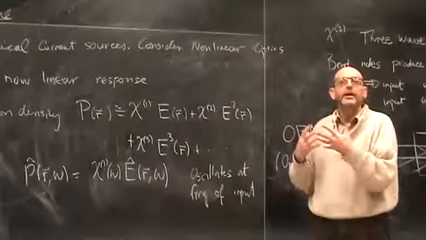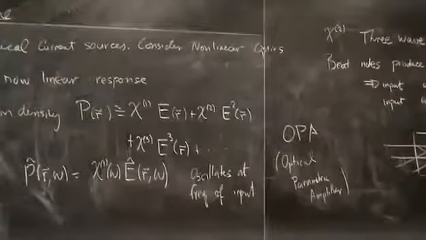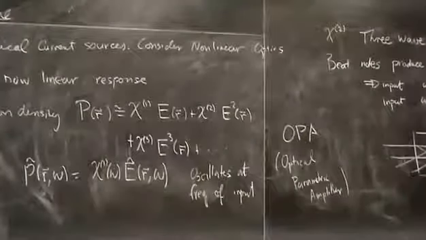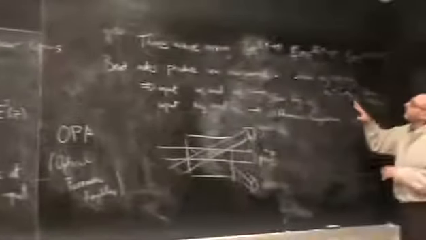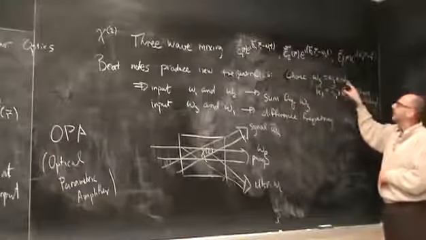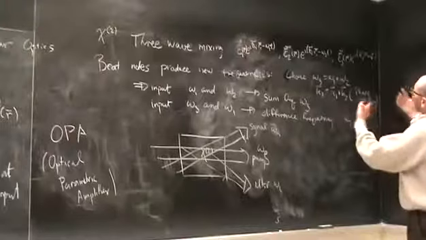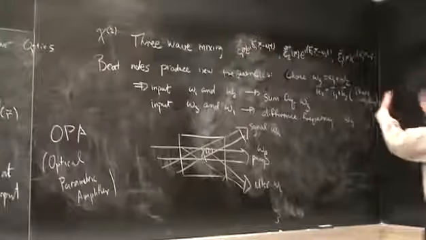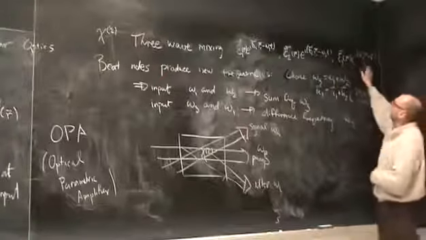So that ends up being what we call a three-wave mixing process at frequencies omega 1, omega 2 and omega 3. So if we call those three frequencies as such, so that omega 1 plus omega 2 equals omega 3, then we can look at the interaction between three waves that have those frequencies.